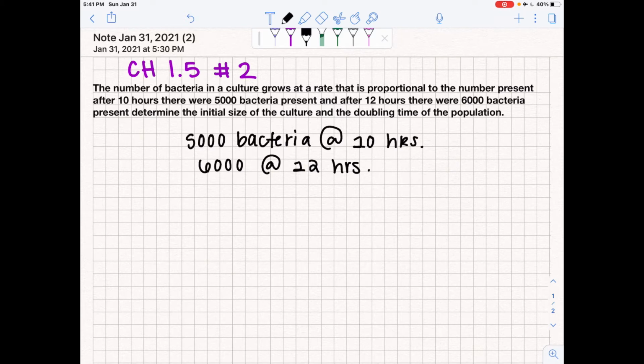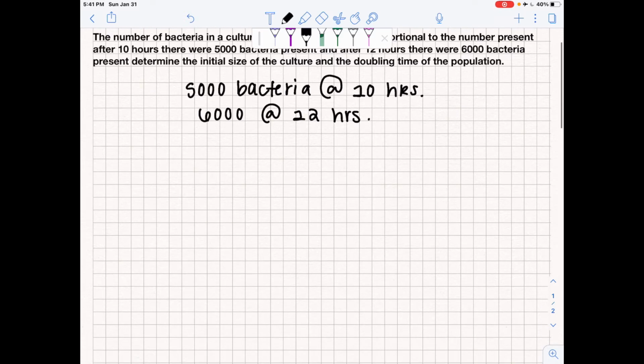So this is a Malthusian growth problem, so the equation we have to work with is this, and we will then do the multiplying by dt and dividing by p to get the p's on one side. That isn't technically correct, but works.